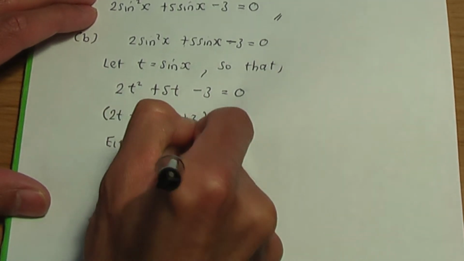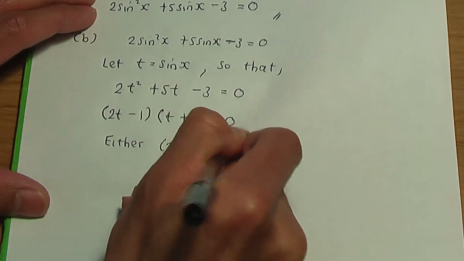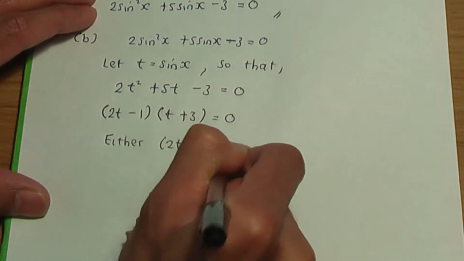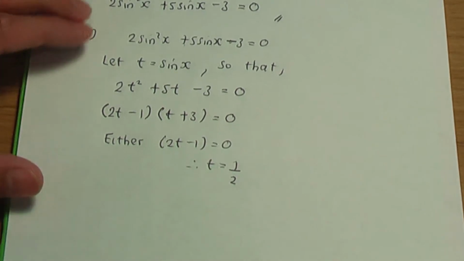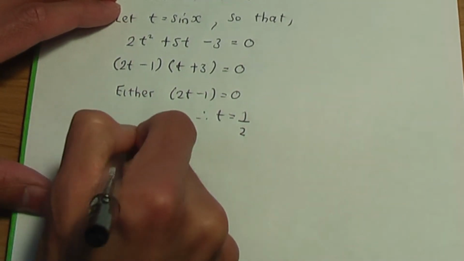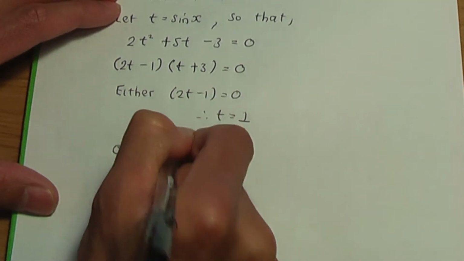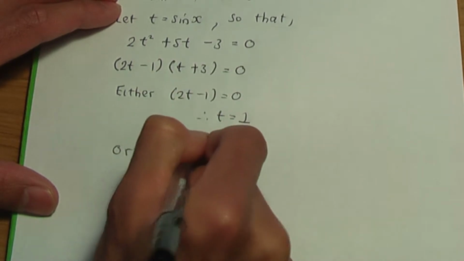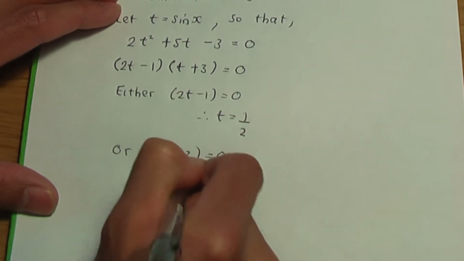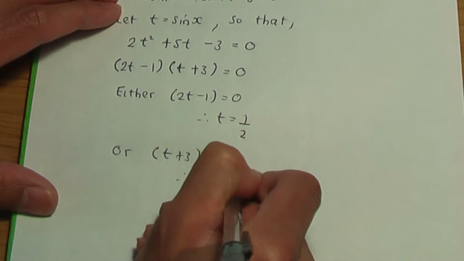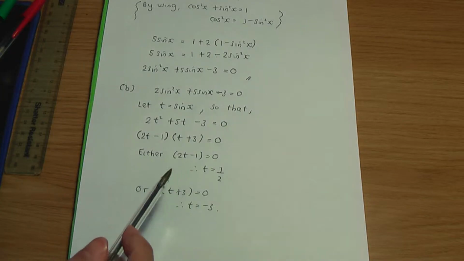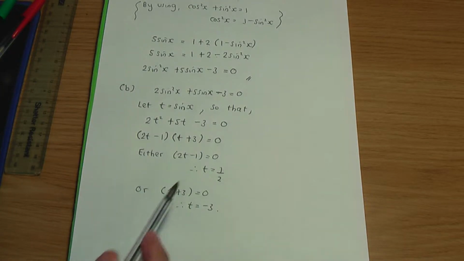Either 2t minus 1 is 0, which means that t is a half, or t plus 3 is equal to 0, meaning that t is minus 3. So we have 2 values of t in this case.